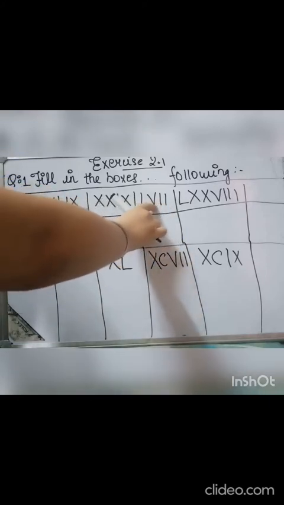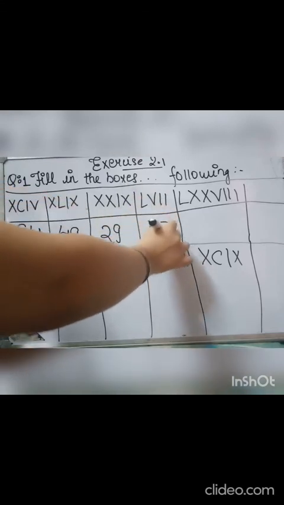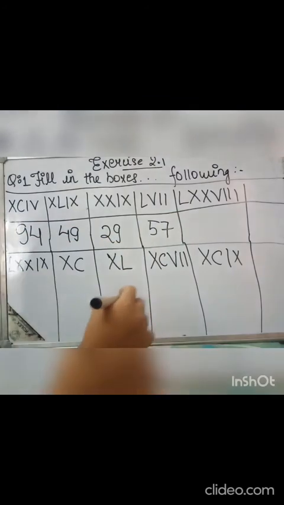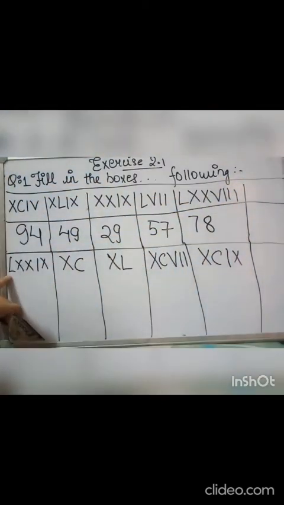So 55 plus 2 is 57. LXXVIII. L means 50. XX means 10 and 10. 50, 60, 70. 70 and 8. VIII is 8. So 78.